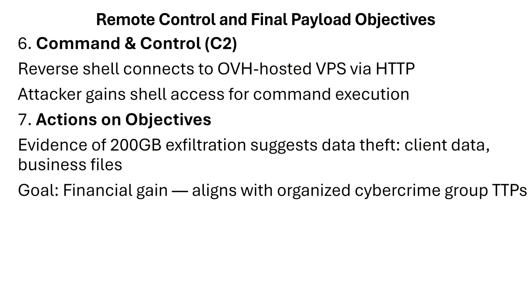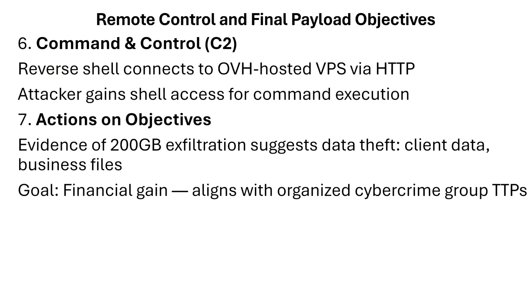In the next step, command and control, the fake image file opened a reverse shell connection to a VPS host domain. This allowed the attacker to remotely execute commands on the compromised machine. In the action on objectives, the attacker exfiltrated a significant amount of data, about 200 KB, suggesting the goal was data theft or financial gain.